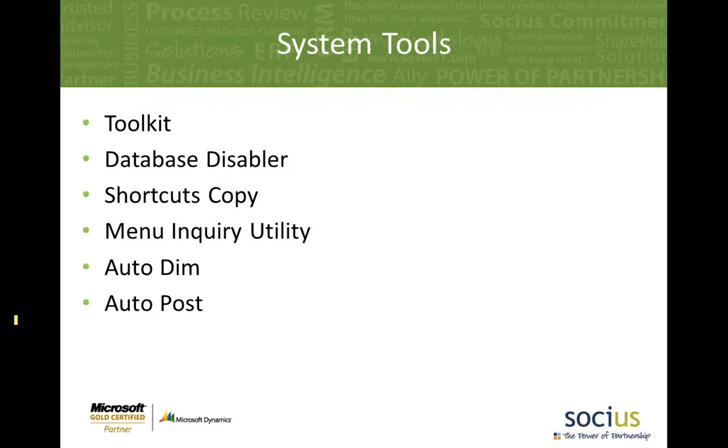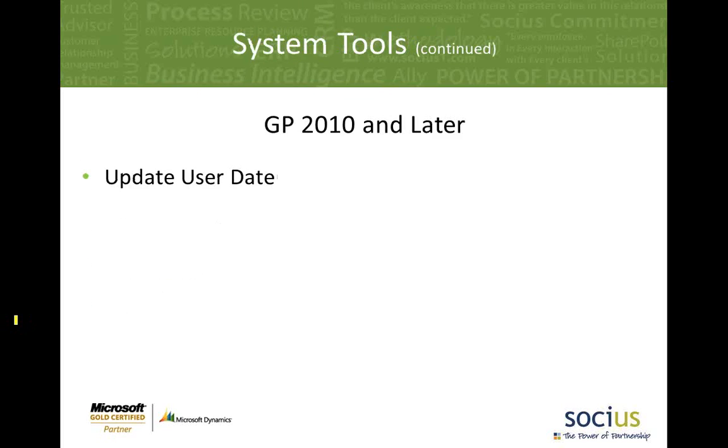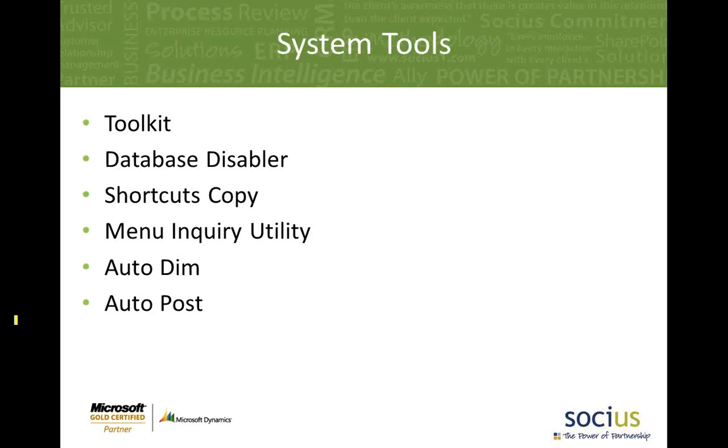All right, we also have a series of system tools. These are things that you probably wouldn't use on a regular basis. The database disabler is nice because you can disable a database from appearing in lookups.